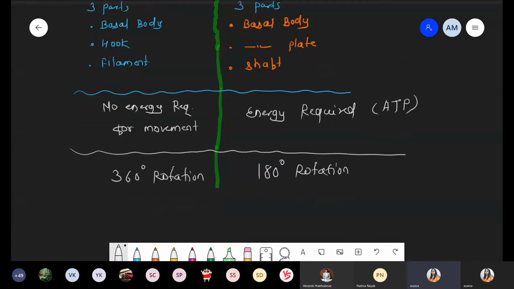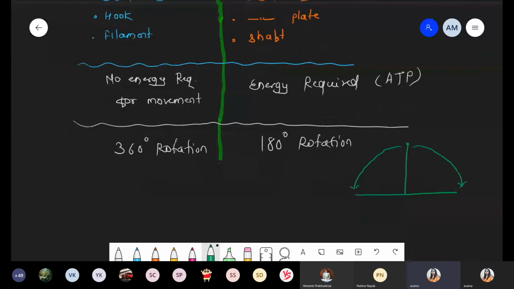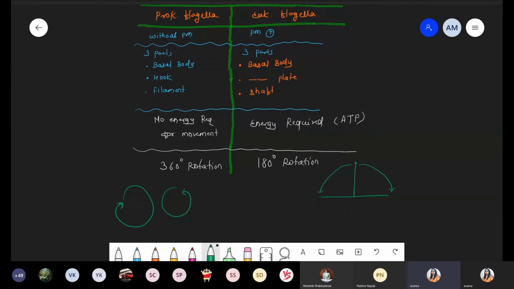For example, this structure makes a 90-degree angle, so the flagella can move up to the left, up to the right, showing left-right movement. But 360-degree rotation means helicopter-like circular movement, the entire flagella rotating, maybe clockwise or anti-clockwise. So these are the common differences between eukaryotic and prokaryotic flagella. Got it?